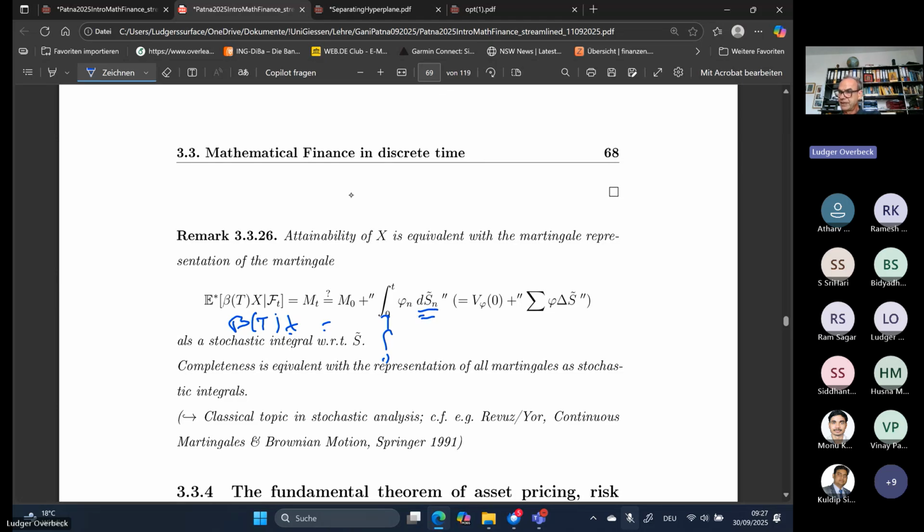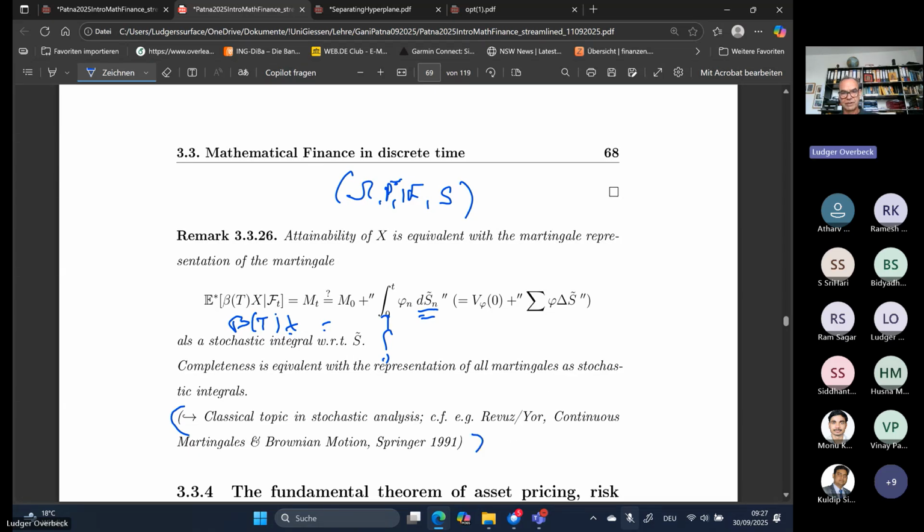That's a property of omega, P, F, and S. Actually of P star, if you like. No, because that's only under P star. Now, if you have a complete market, you have this P star, and completeness is a question of martingale representation. And as I said, that's a classical topic in stochastic analysis.